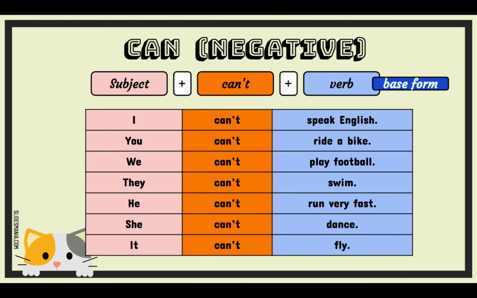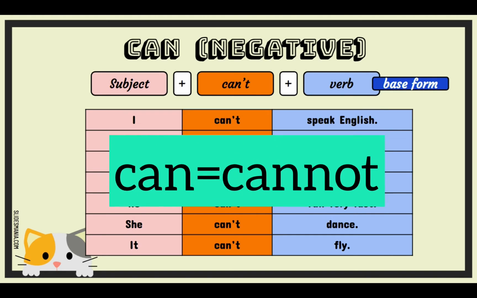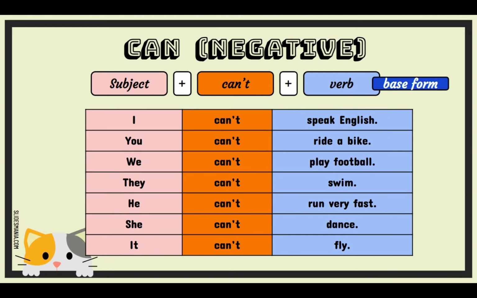The next one is can in negative form. Negative form, for example, is can't or cannot. Can't is the contraction of cannot. So, subject plus can't plus verb, which needs to be in base form too. For example, I can't speak English.